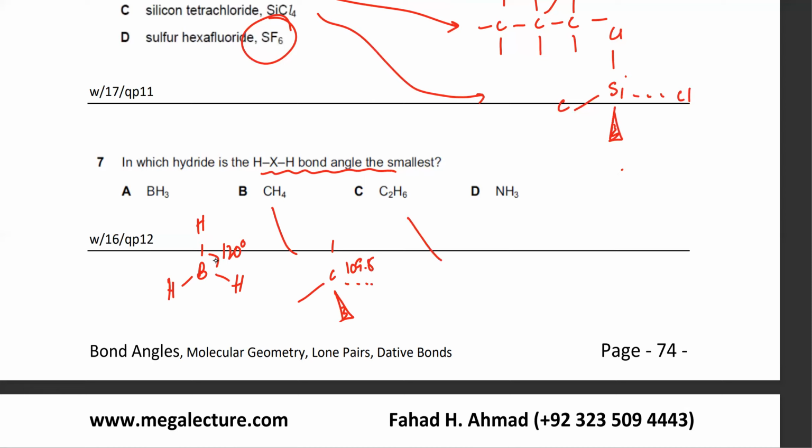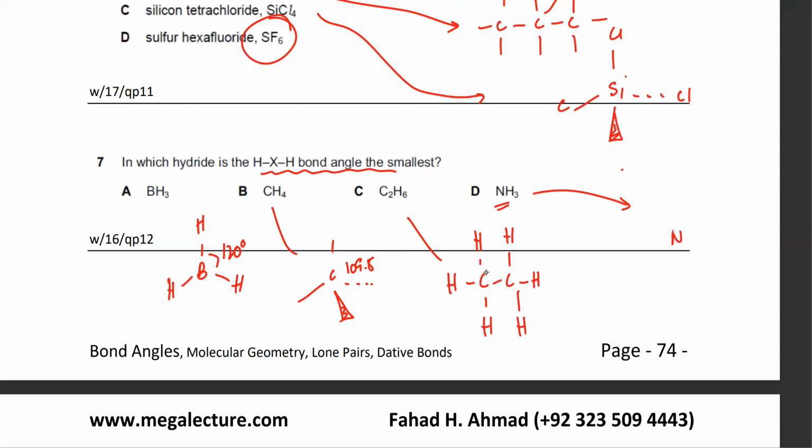C2H6 would be similar. If you just Google C2H6, it's also 4 bonds. I'm not drawing the actual shape, but the 3-dimensional shape would be 4 bonds. That's going to be 109.5 as well, and it's going to be tetrahedral. NH3, will NH3 have lone pairs? N is in group 5.